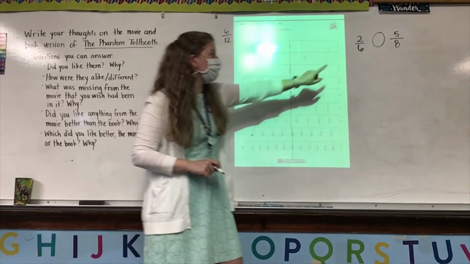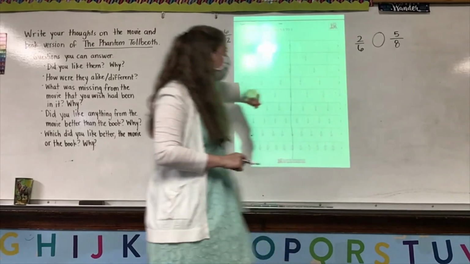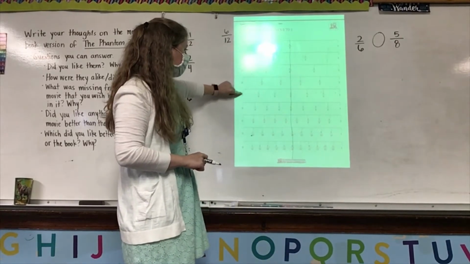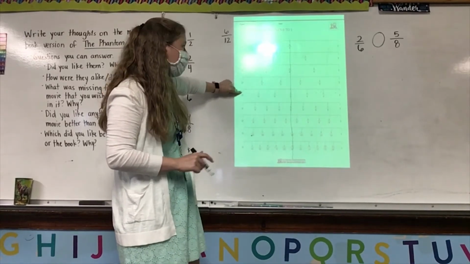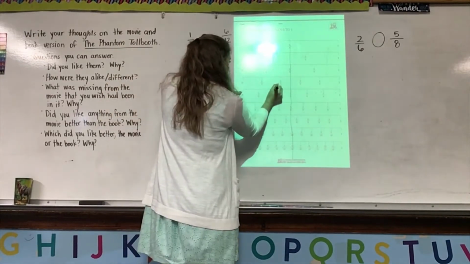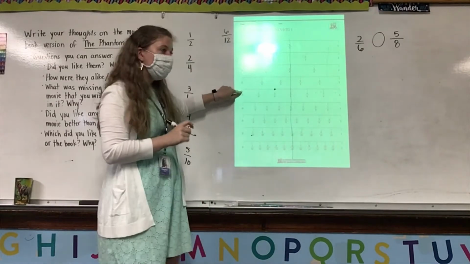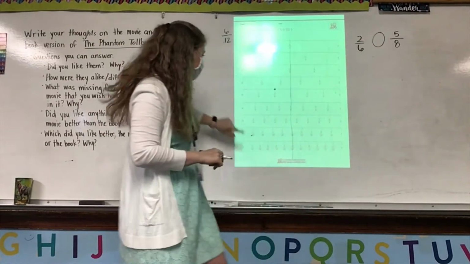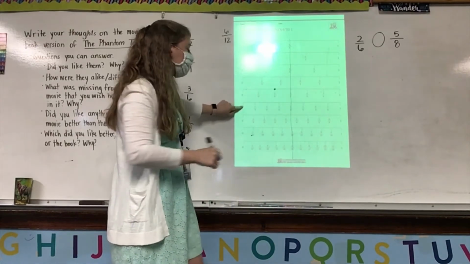Let's look at this. 2/6 compared to 5/8. So let's find our number line that's partitioned into 6 pieces. Here we go. And let's mark 2/6. Now, let's find our number line that's partitioned into 8 pieces. And let's mark 5/8.